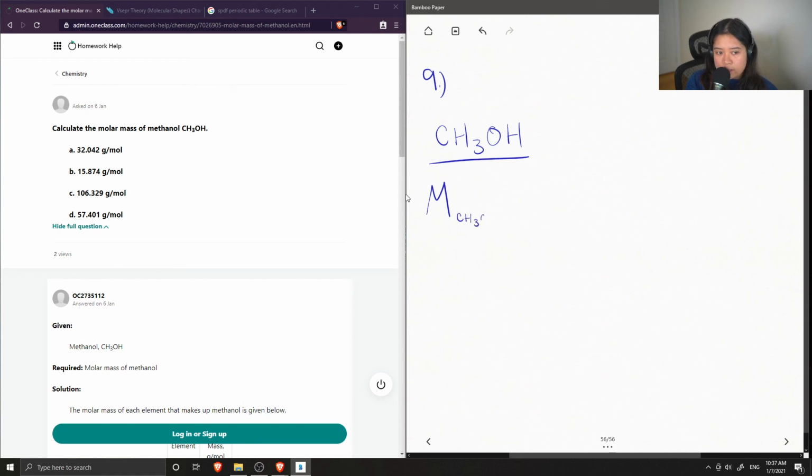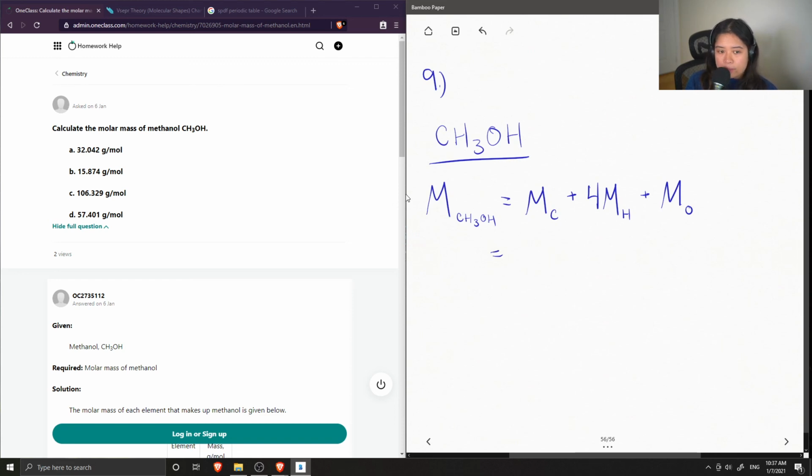We would just find these values on the periodic table. So the molar mass of carbon plus 4 times the molar mass of hydrogen, since there are 4 hydrogen atoms in methanol. And then lastly, the molar mass of oxygen. If we add all these values up, we get our total molar mass.